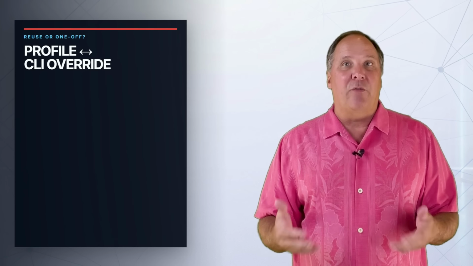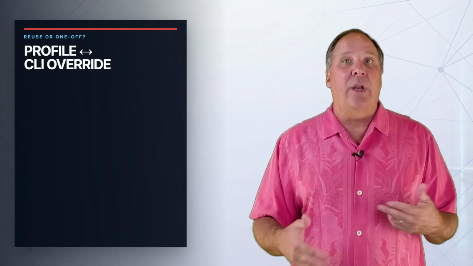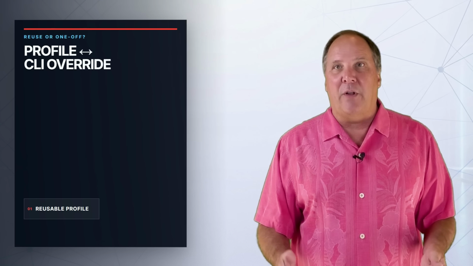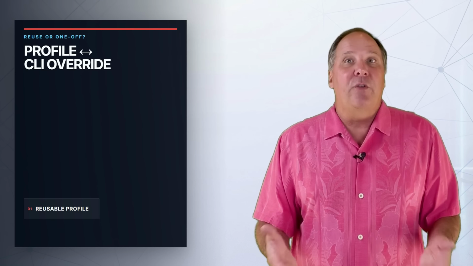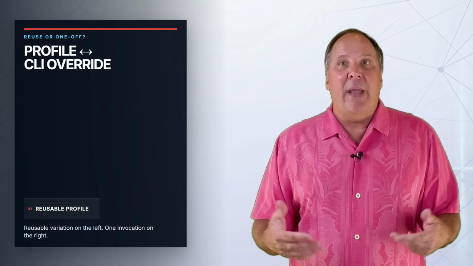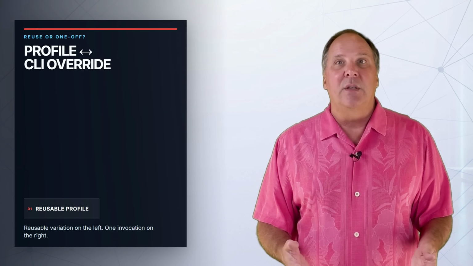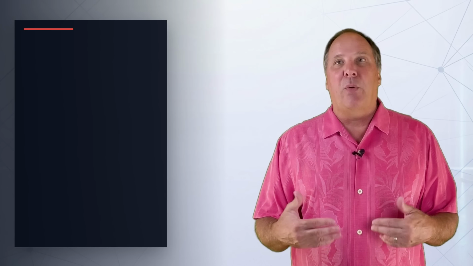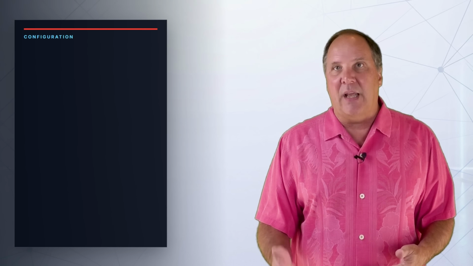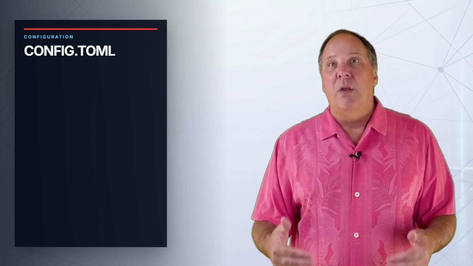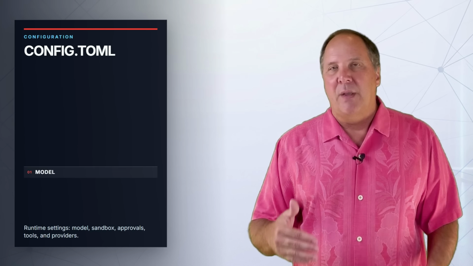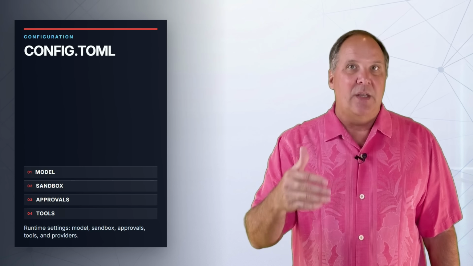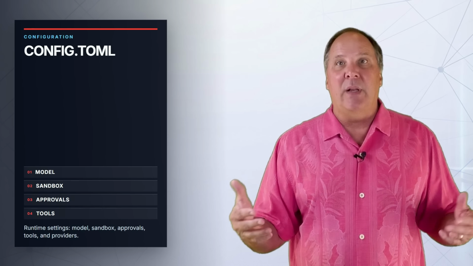A named profile is useful when you want a reusable variation without rewriting your normal defaults. For example, a review profile. A command line override is useful when the change should last for one invocation. There's an important distinction coming in the next lesson. Config.toml controls the runtime, models, approval and sandbox settings, tools, providers, and related behavior.